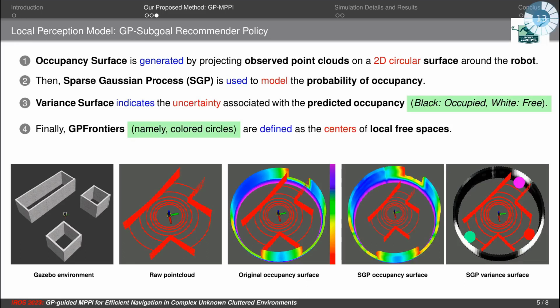The variance surface shown in the last figure indicates the uncertainty associated with the predicted occupancy, where black areas are occupied while the white ones are free spaces. Finally, we define the centers of local free spaces as GP frontiers, which serve as local recommended subgoals to our controller.